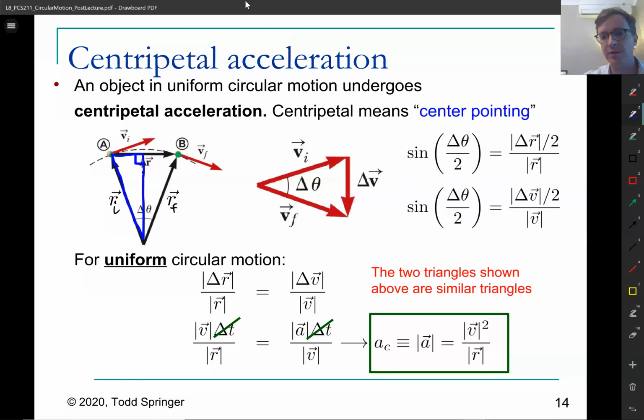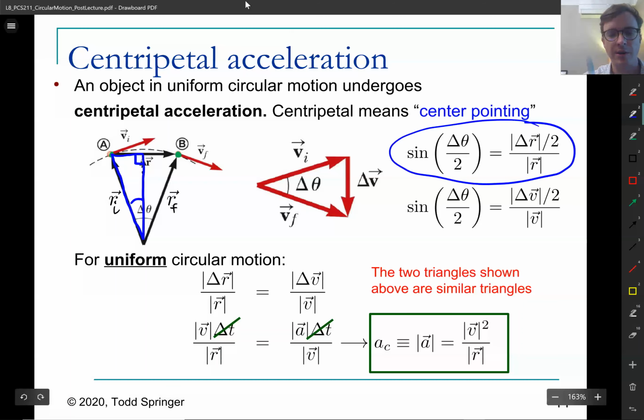The sine of this angle, delta theta over 2, is equal to the opposite, which is delta r over 2, divided by the hypotenuse, which is what I'm going to call r, the radius of the circle. So that's where this equation comes from, doing right-triangle trigonometry on that blue triangle.